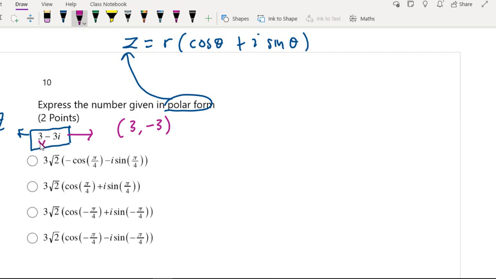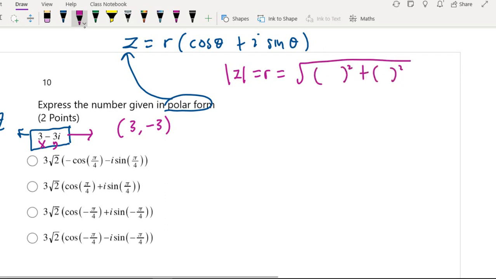This is x, the real part, and this is the imaginary part. So your modulus, or r, substitute in this formula: 3 and -3. Then 9 plus 9 is 18, or 3 square root of 2.